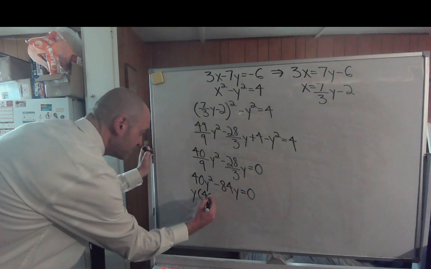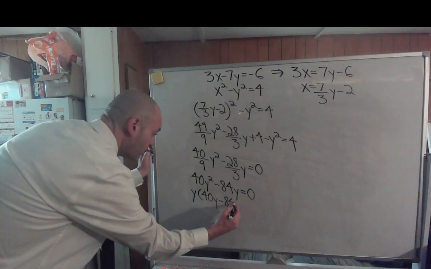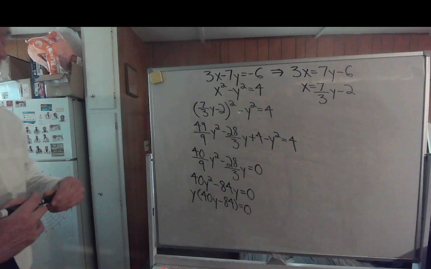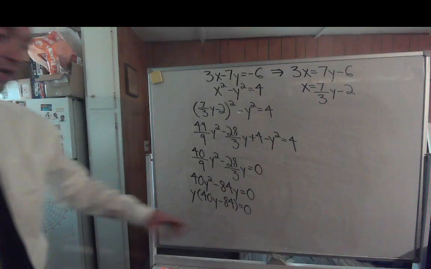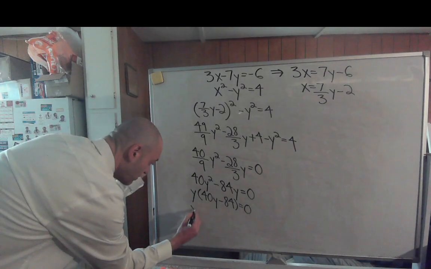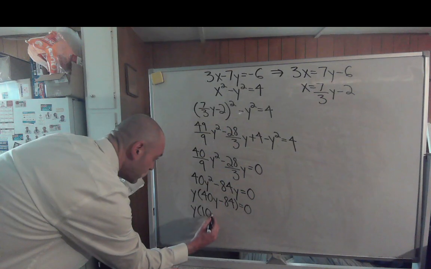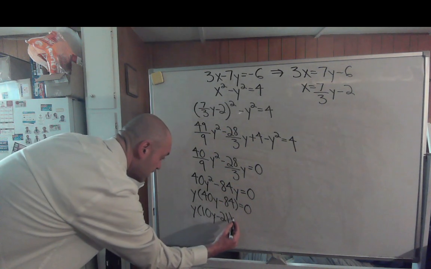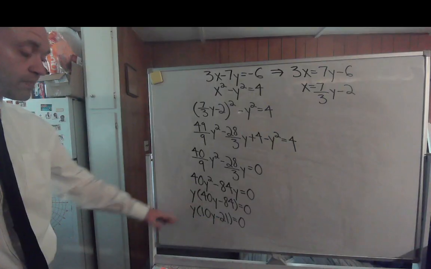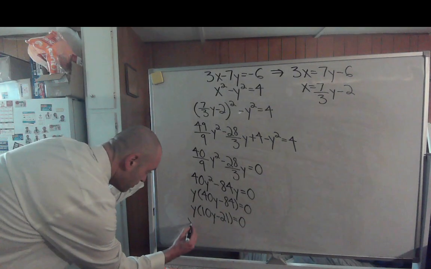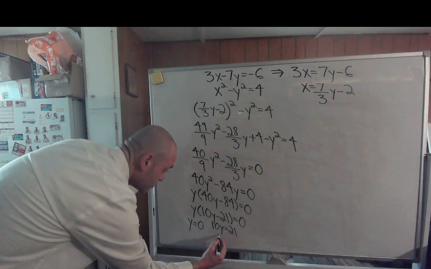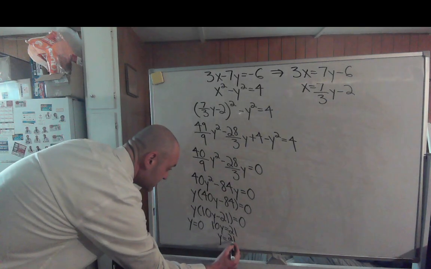This would be y times 40y minus 84 equals 0. But we can definitely factor out a common 4 from 40y minus 84, right? If we do that, you'll end up getting y times 10y minus 21 equals 0. Okay, now we got a form we can work with. So y would equal 0, and then 10y would equal 21, which would mean that y equals 21/10.